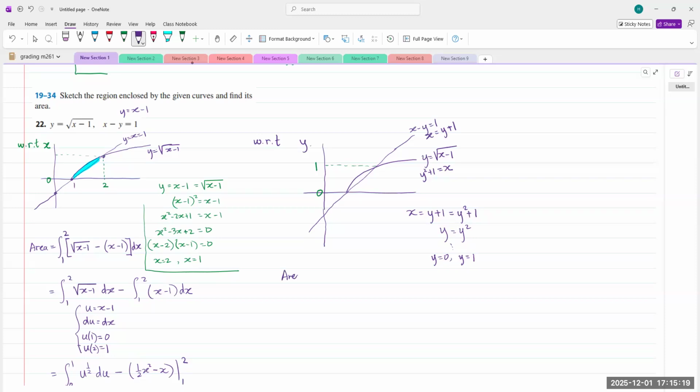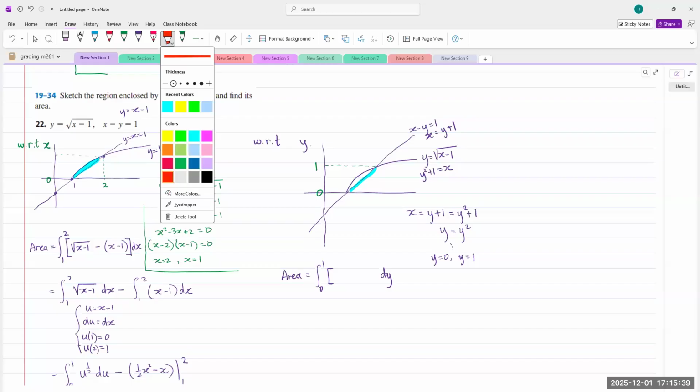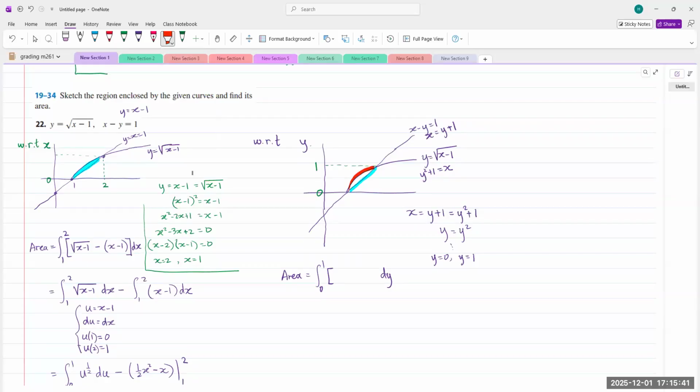Okay, so the area will be the integral from 0 to 1 with respect to y. Now, the curve on the right-hand side is this one, and this is the curve on the left. So the curve on the right is y plus 1, minus the curve on the left, y squared plus 1.